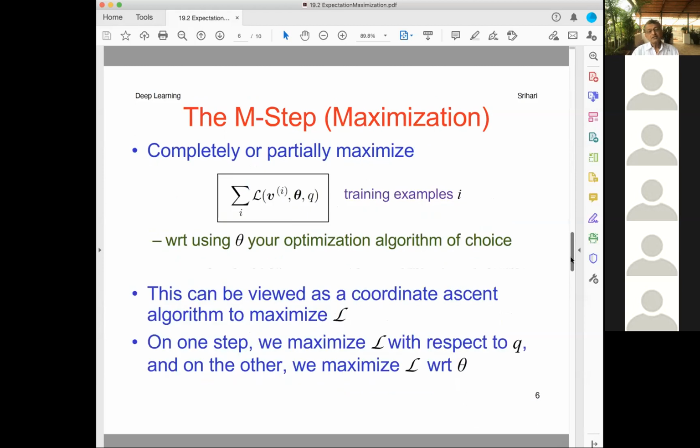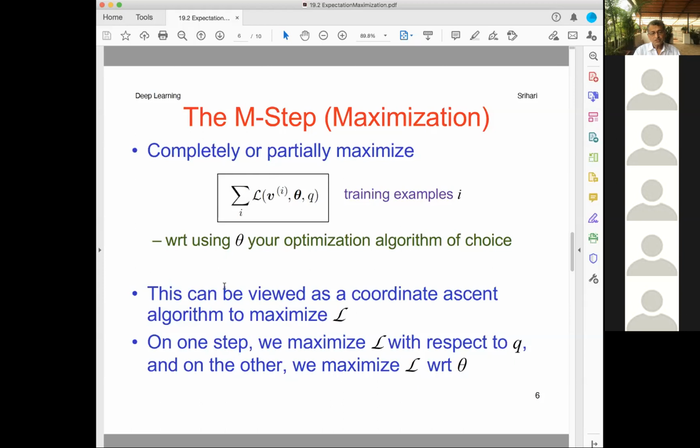It's lower bound. So over all the training examples i, we are maximizing the evidence lower bound with respect to theta using the optimization algorithm of choice. This says you have a fixed value of Q, and what should be the value of the parameters theta given this? So what value of the parameters is going to make this quantity as high as possible?